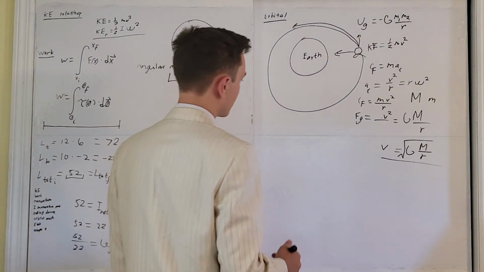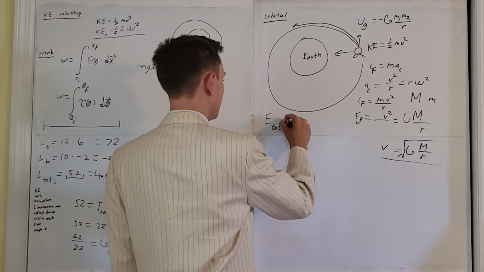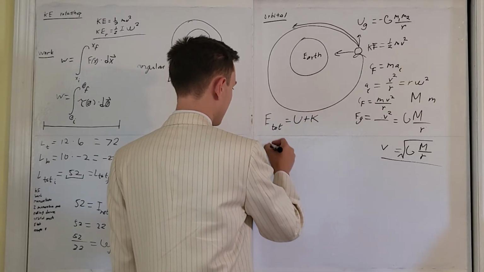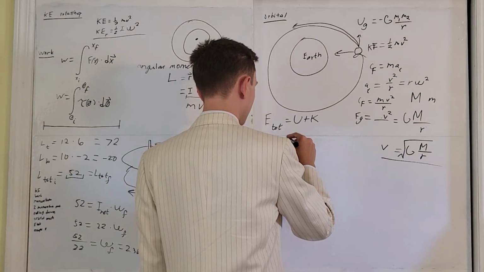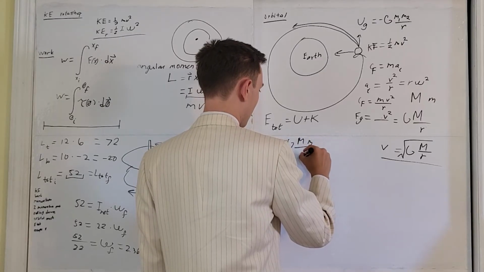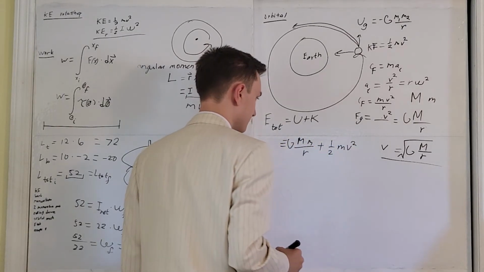We can also approach this in saying that the total energy in our system is equal to the potential energy of our system plus the kinetic energy of our system, which is therefore equal to the gravitational potential energy, negative G, big M, little m over r, plus 1/2 little m v squared. Okay?